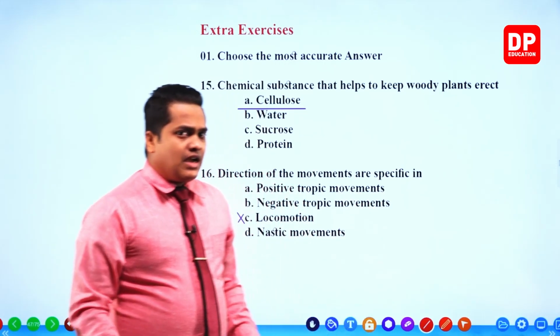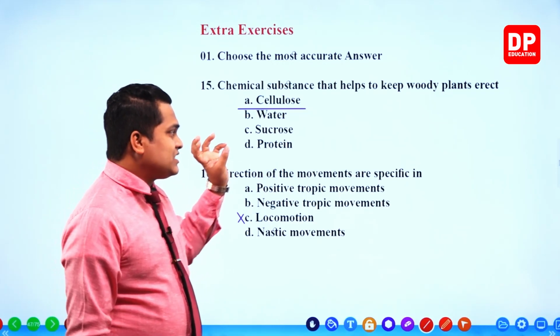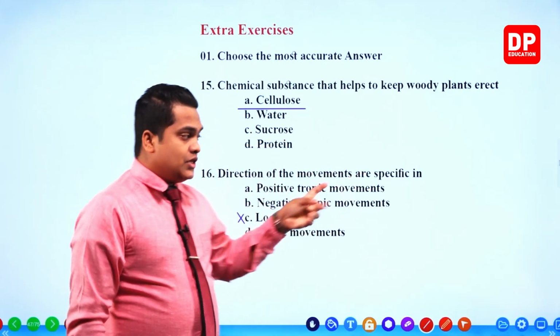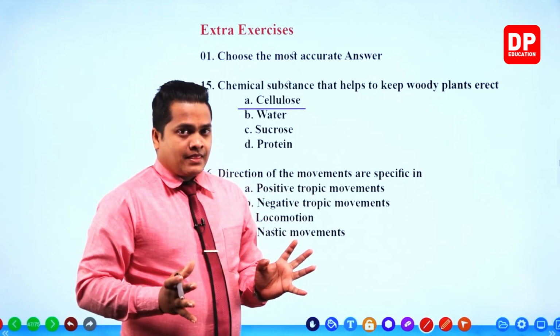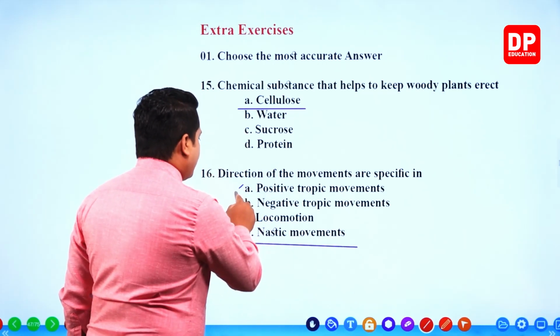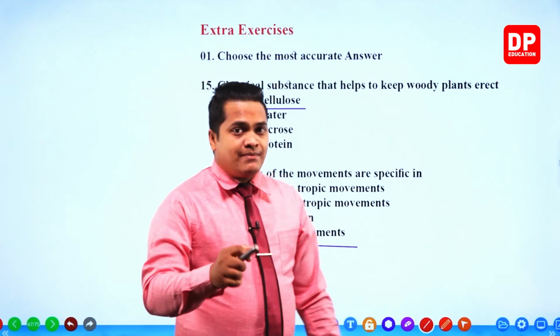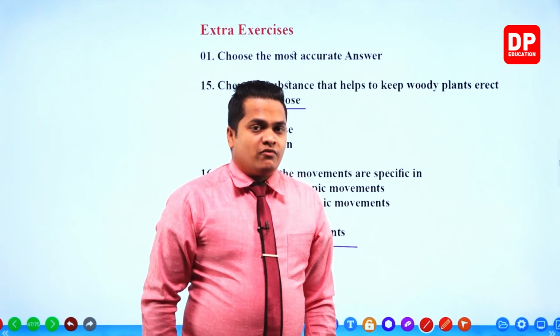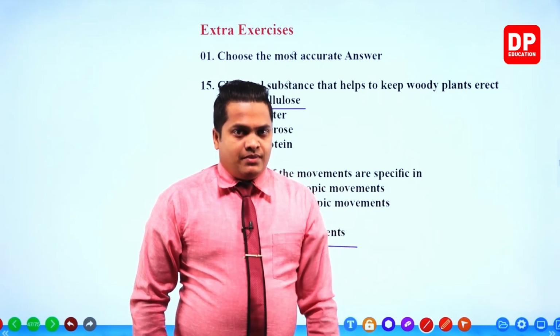So they are asking about a movement that has a specific direction. So direction of the movements are specific only in nastic movements, my dear children, because trophic movements are going to depend on the direction of the stimulus.